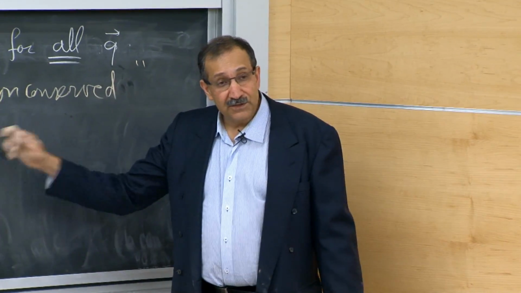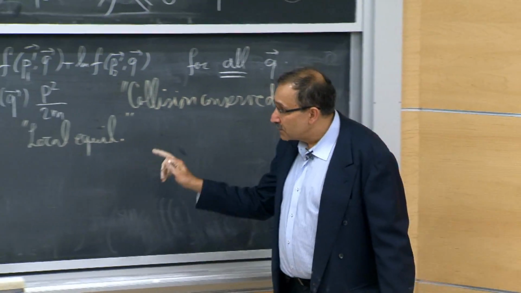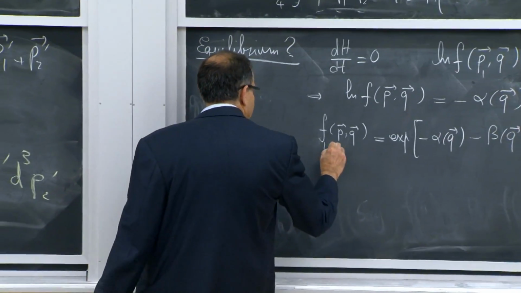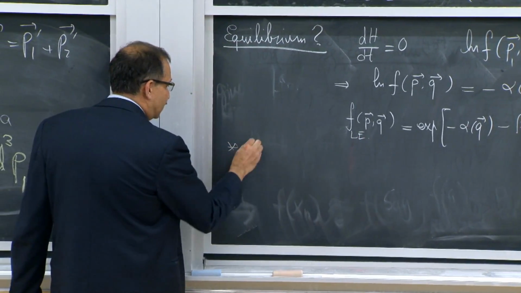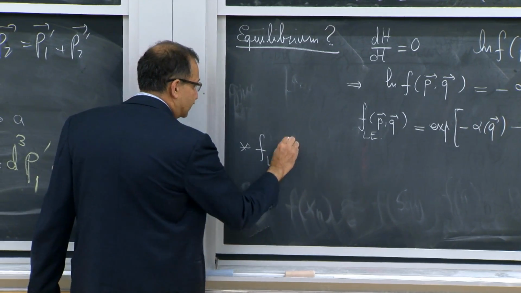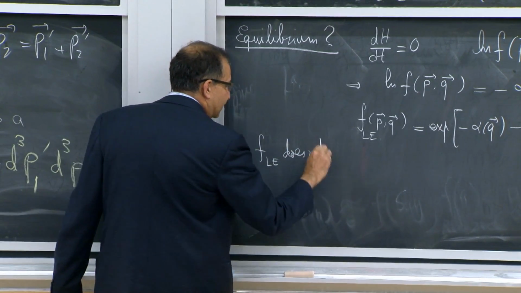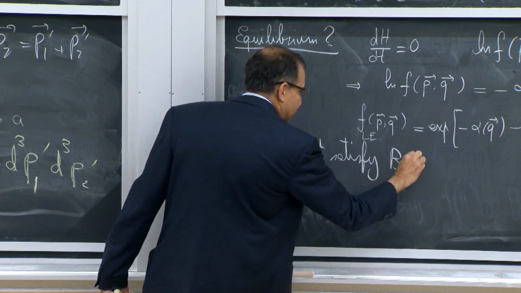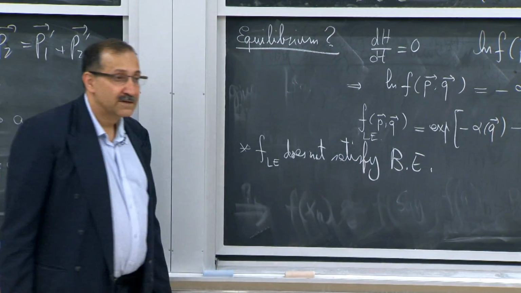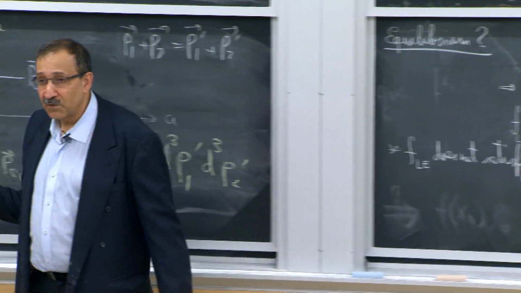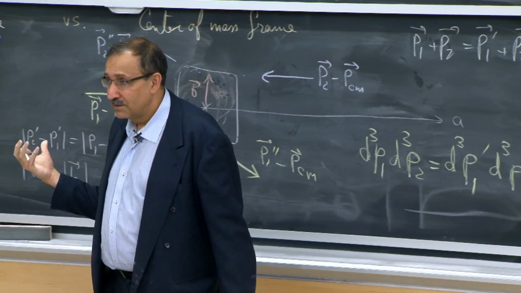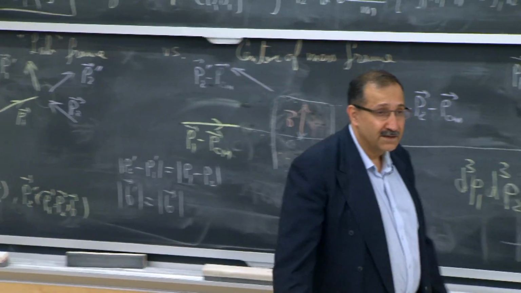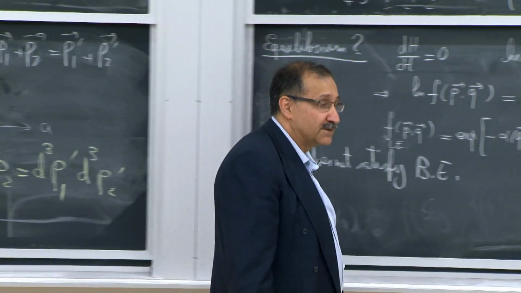But clearly, this is not the end of the story, because this f that I have written here, let's say f local equilibrium, does not satisfy the Boltzmann equation. Right? It sets the right-hand side of the Boltzmann equation to 0. But it doesn't set the left-hand side. The left-hand side completely is unhappy with this.